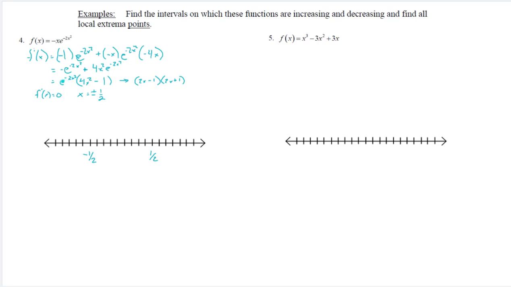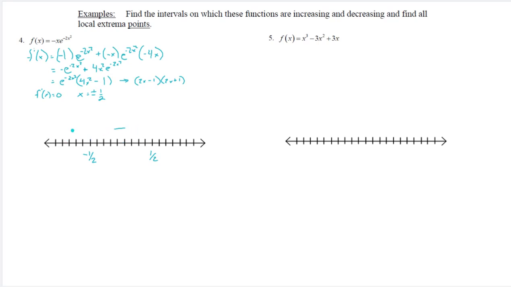So our negative and positive is going to be determined solely by what's happening in the binomial in here, the 4x squared minus 1. So if we plug in, let's say, 0 in this here, because that's nice in the middle, easy to plug in, that's going to clear this out. That's going to make this a negative 1. So this will actually give us a negative value.